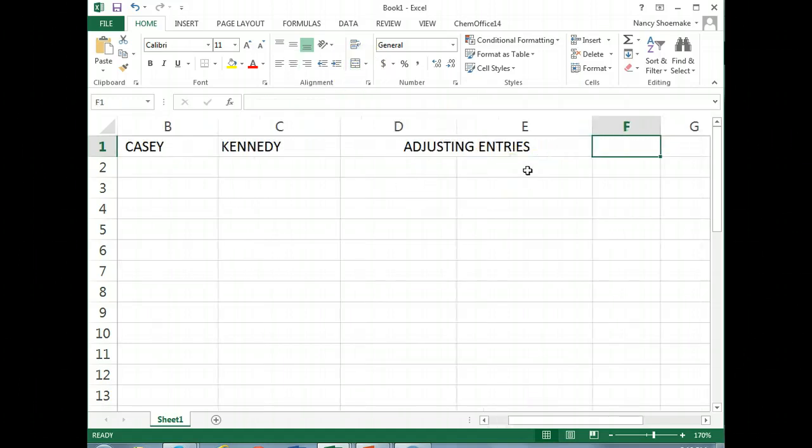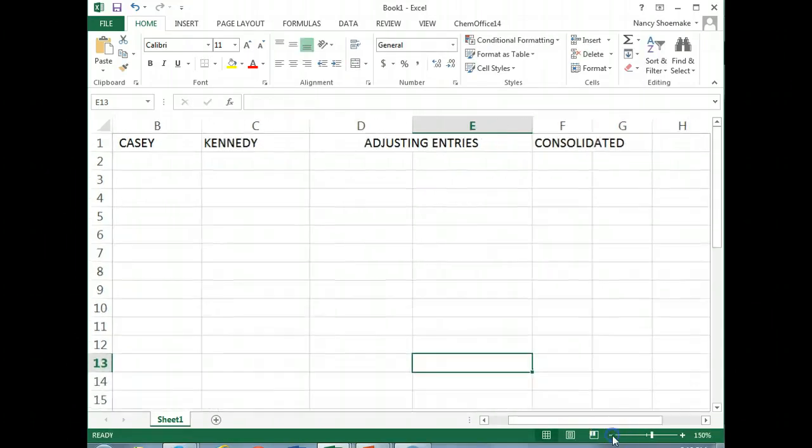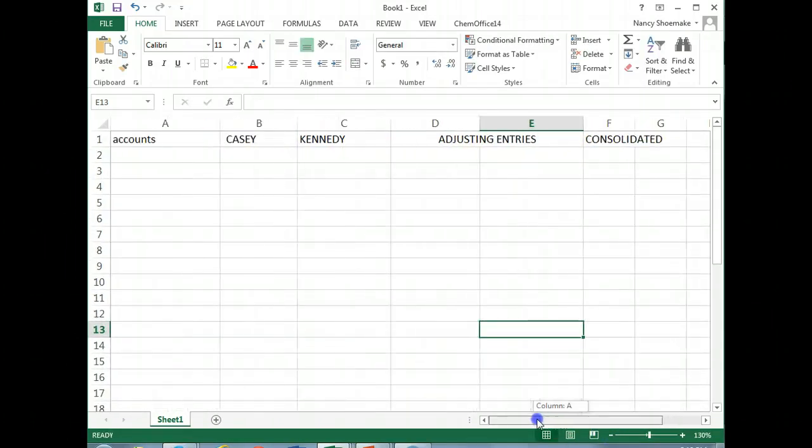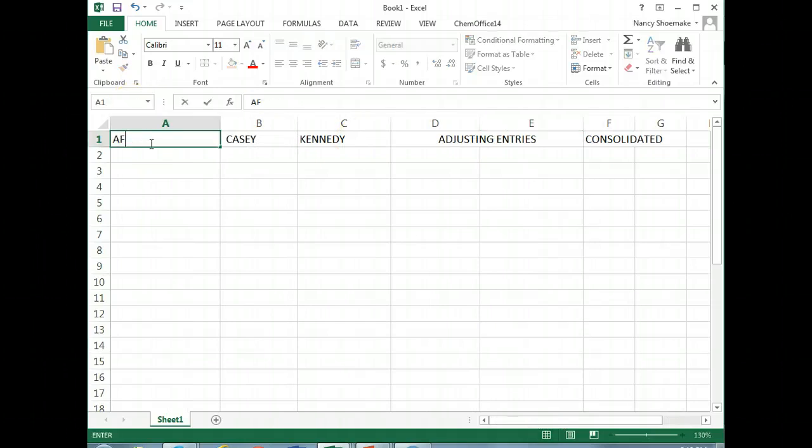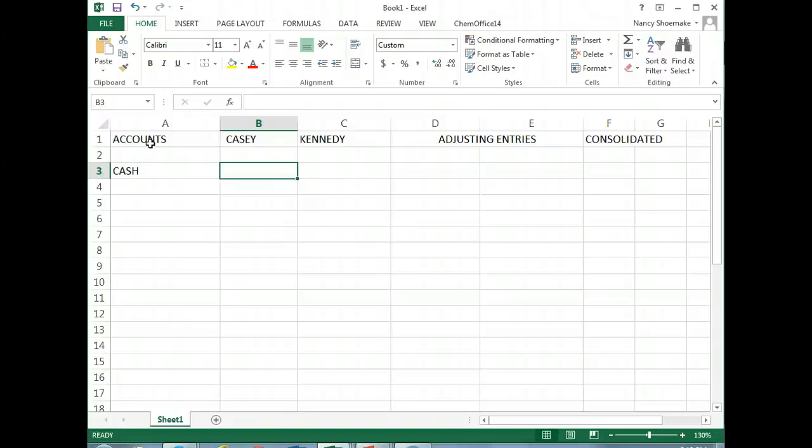Then we'll have the consolidated statement. Now I'm going to lower this a little bit so we can see it all. Okay? So, let's start by just listing the accounts. Can you guys help me read them? Cash is how much Casey, how much Kennedy?